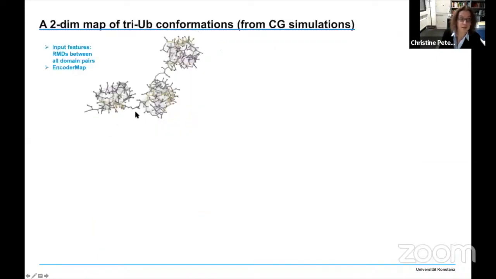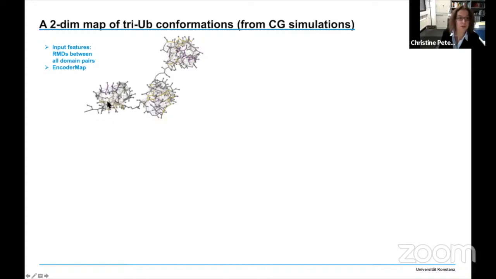So we did this for several systems. Let me move to my triubiquitin. I mentioned already, we've been using as input features to generate a two-dimensional map of triubiquitin conformations these residue-wise minimum distances between all domain pairs.